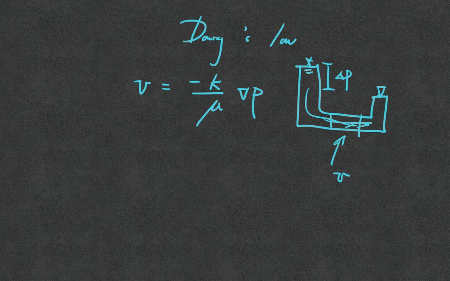The simplest case is assuming that V, the Darcy's velocity, is related to the permeability divided by the viscosity of alpha times the gradient of P. Is it correct?